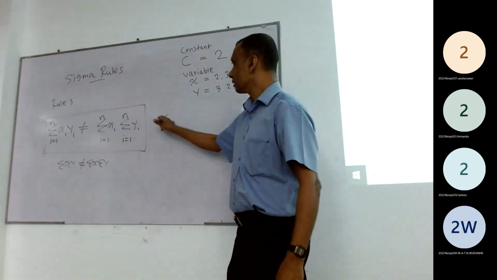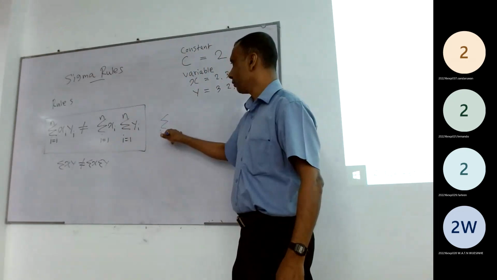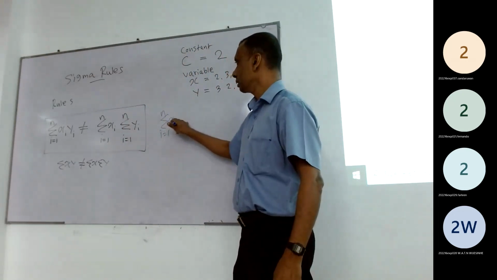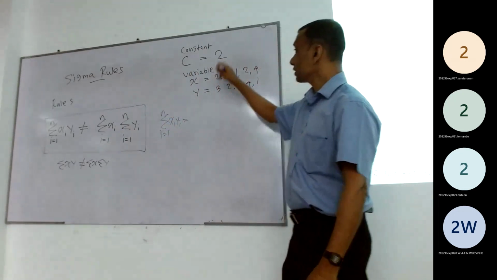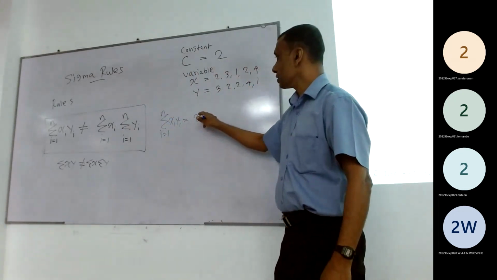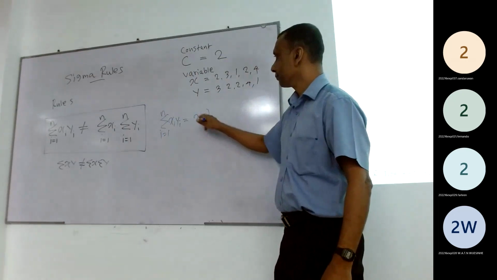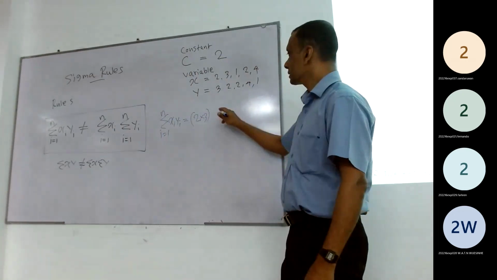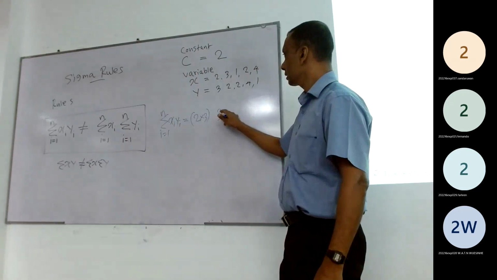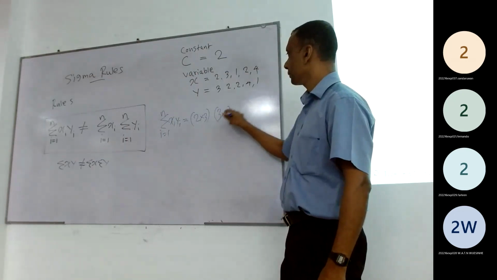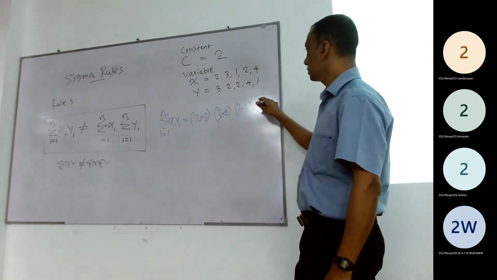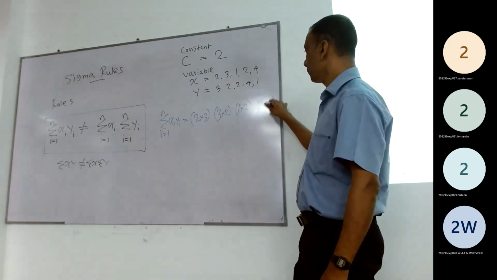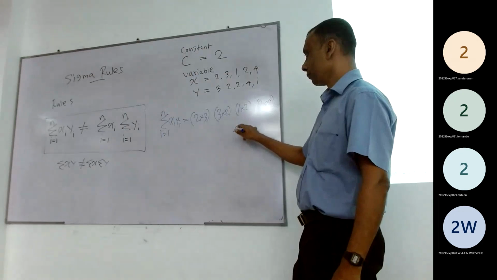Now let's practice sigma i equals 1 to n xi yi. Right, first I multiply first observation with first, second by second. 3 into 2, 6. 2 into 4, 8. 4 into 1, 4. 1 into 2, 2. 2 into 4, 8. 4 into 1, 4.